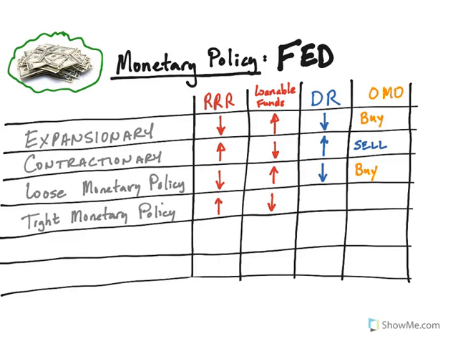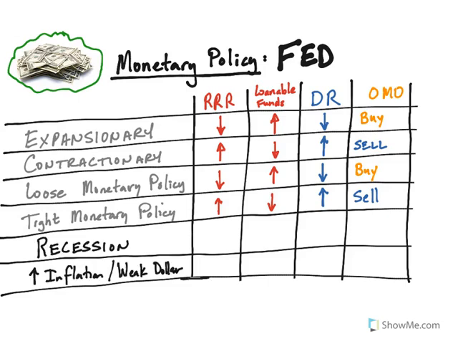You want to make sure people can't get to the money because inflation is probably going crazy. And you would do that by increasing the discount rate. Or you could sell the Americans and others treasury bills, and that would create a tight monetary policy.